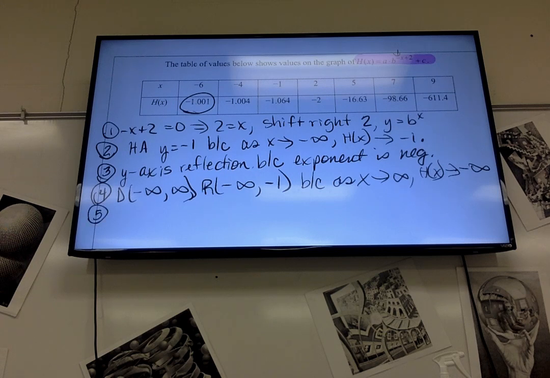So what does that tell us about the graph? Where is the graph compared to the horizontal asymptote? Below. It's below. And I'm just going to point up to that. That's why.